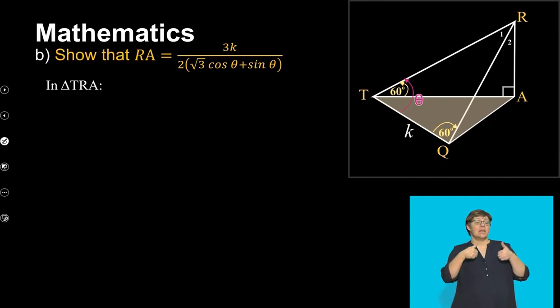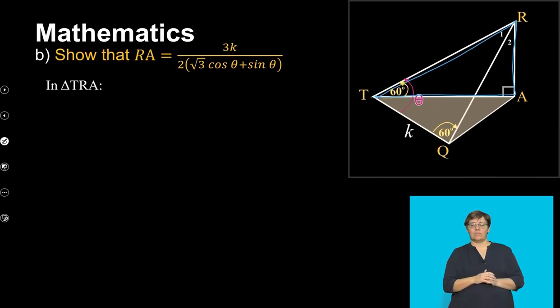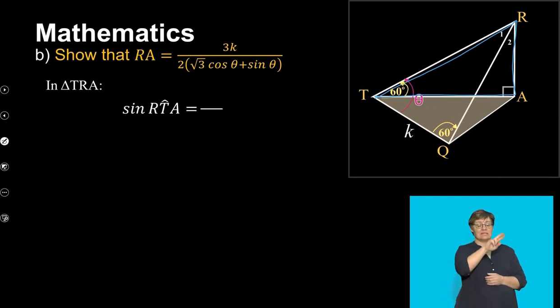Okay, the next part of the question asked us to show that RA is equal to 3k over 2 times root 3 cos theta plus sine of theta. So we're going back to our right-angled triangle TRA, which means we're talking about this angle here, this triangle here. Okay, and remember, we said we're going to use sine of RTA.